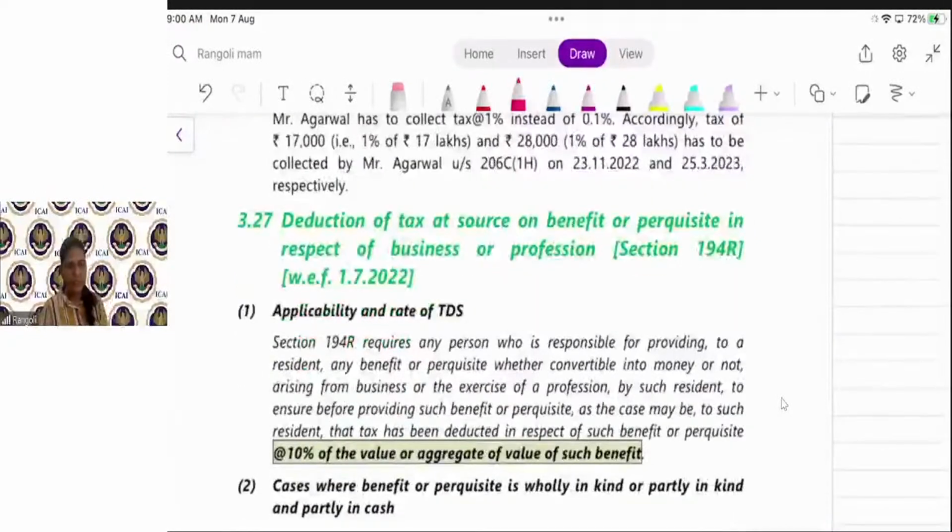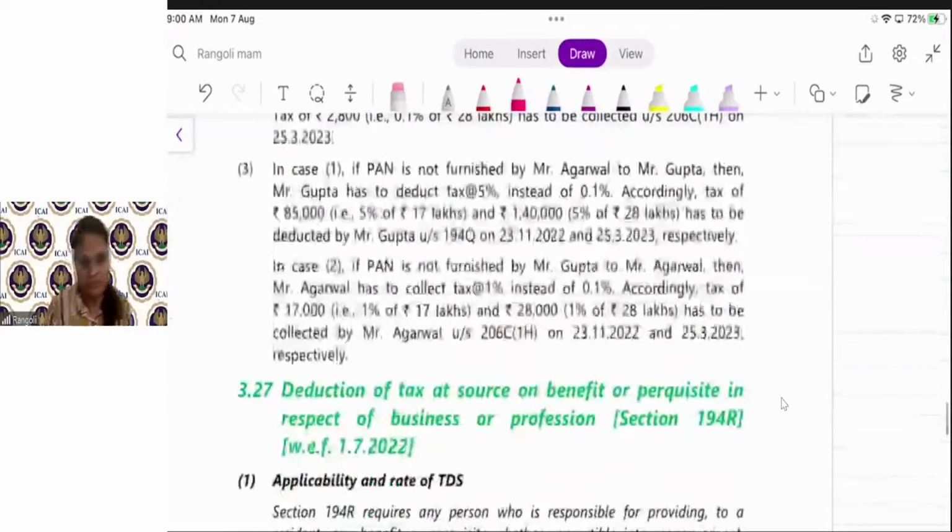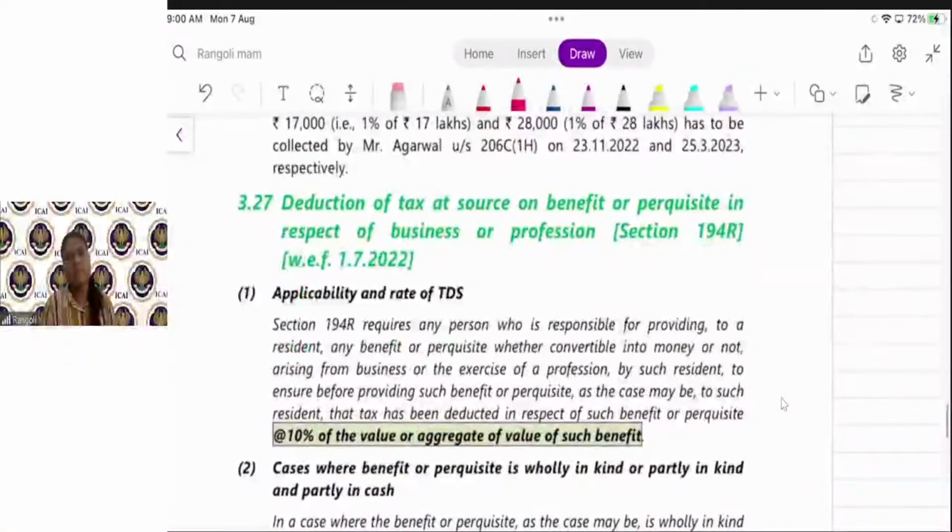It is a new section. In the last exam itself, a question from this section was asked for 6 marks. Okay. Deduction of tax at source on benefit or perquisite in respect of business or profession.